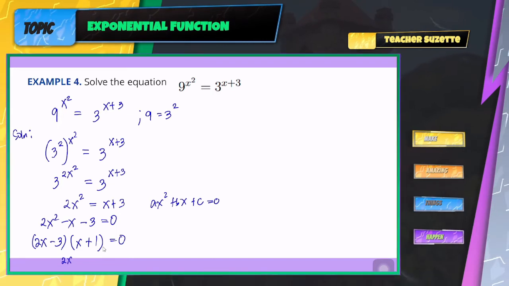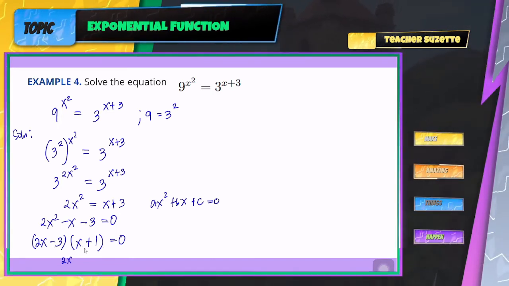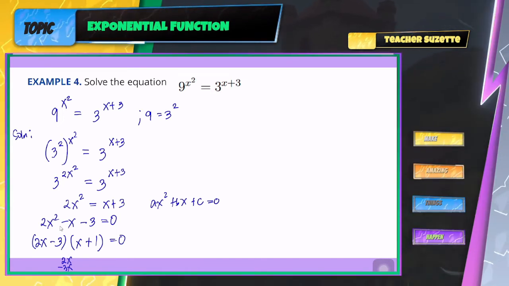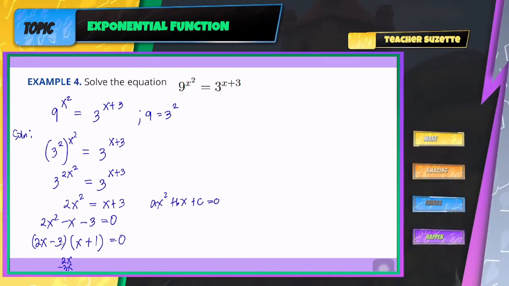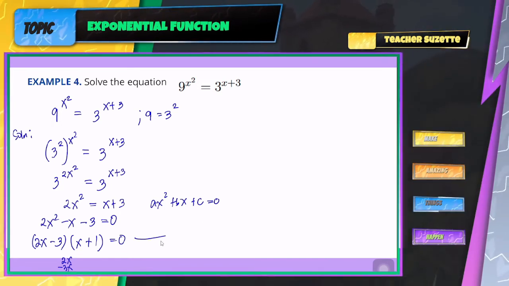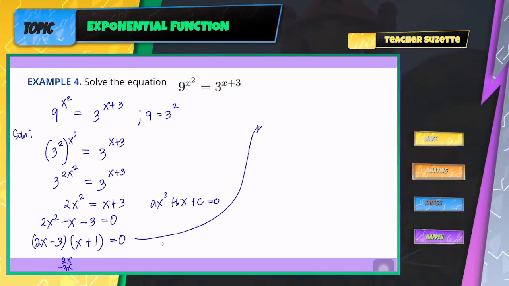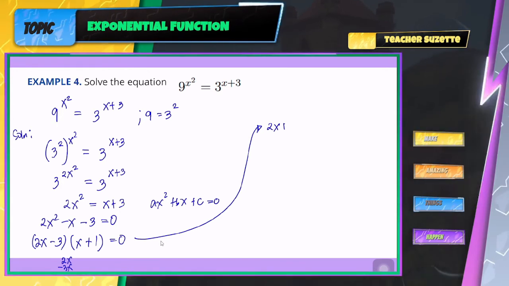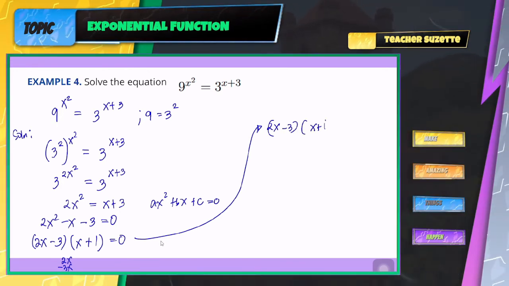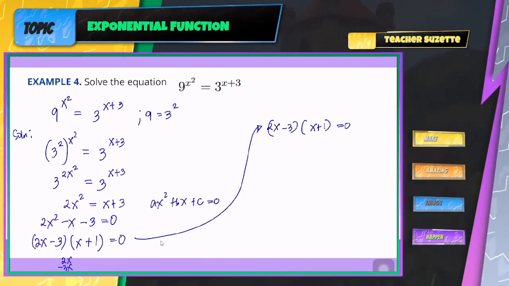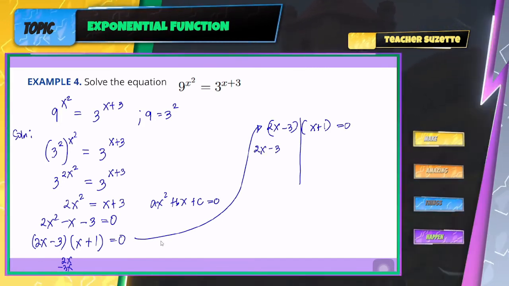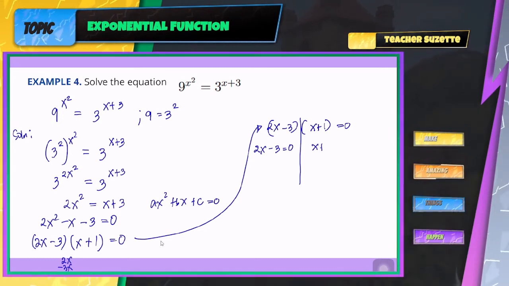Then, negative 3 times x, negative 3x. When you combine them, the answer is the middle part, which is negative x. So, meron na tayong factors, continue natin dito, na factors na 2x minus 3 and x plus 1 equal to 0. Then, by equating both factors to 0, we can now solve for the values of our x.